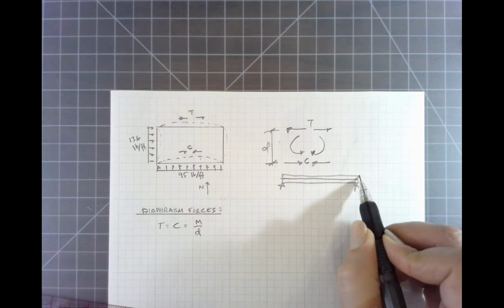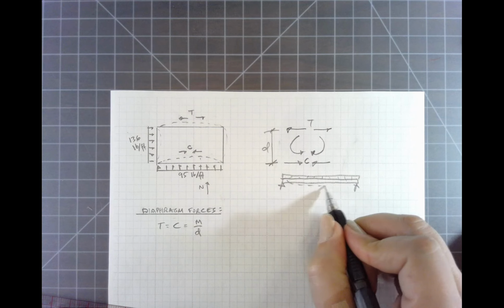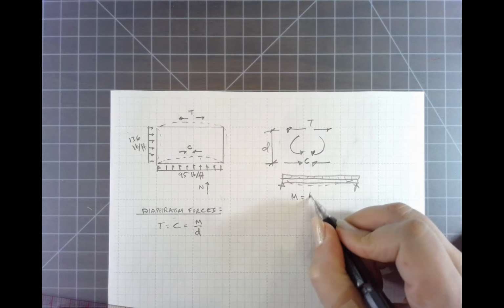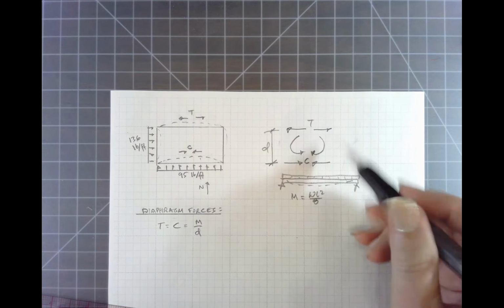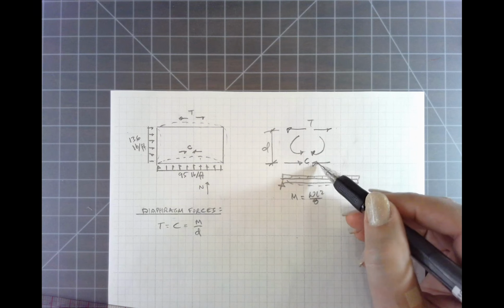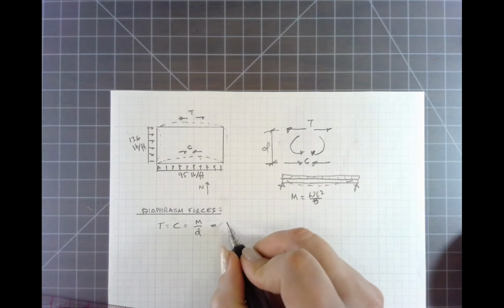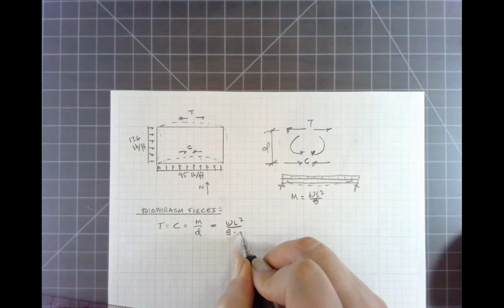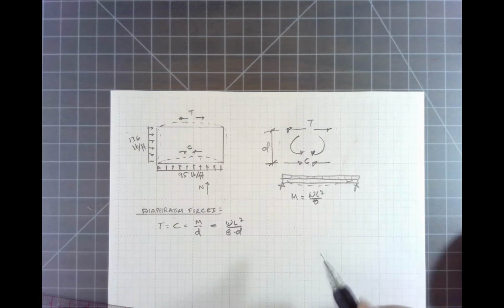Here's a beam with a load that causes it to deflect, and we know for a simple span the moment is WL squared over 8. And the deeper the beam is, the lower those forces are going to be. So to expand our calculation here, this is WL squared over 8 times D, where the D is in the same direction that the force is going.